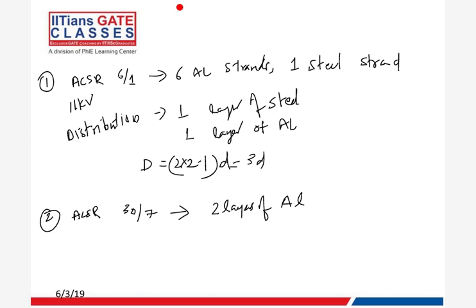So it is 1, 6, 12, 18, 24, etc. These are the number of conductors in each layer, right?